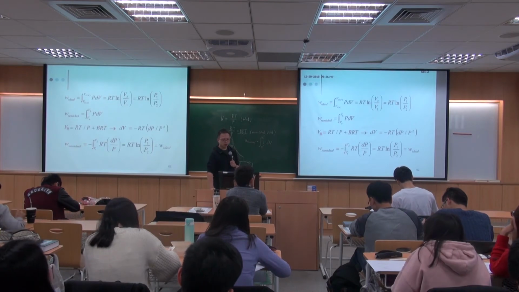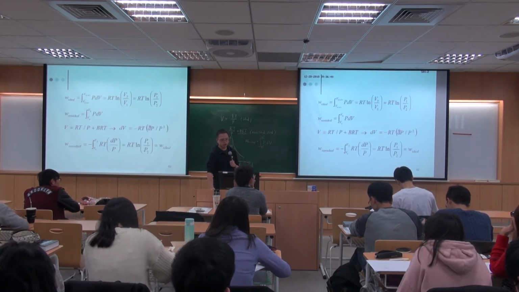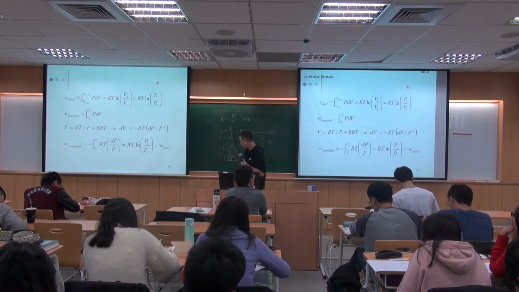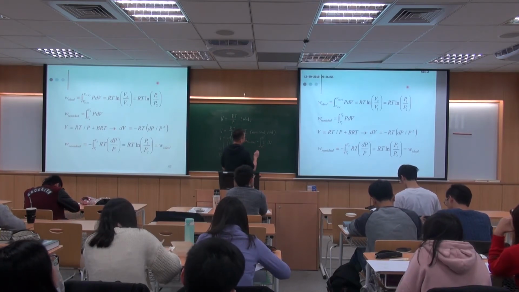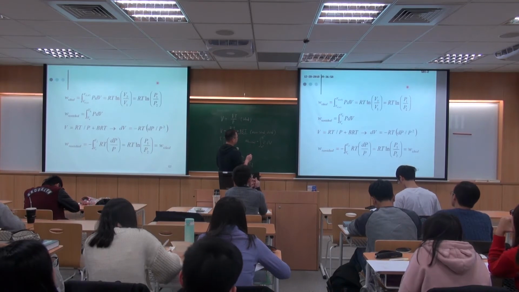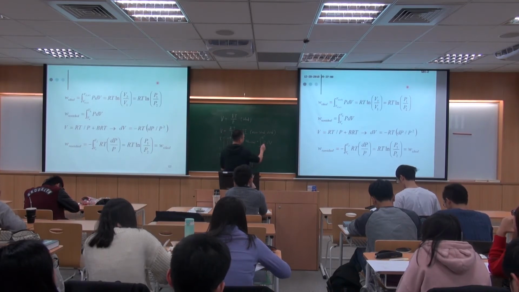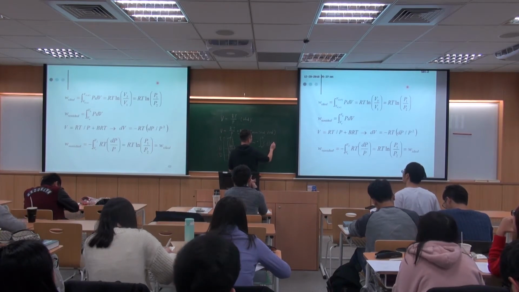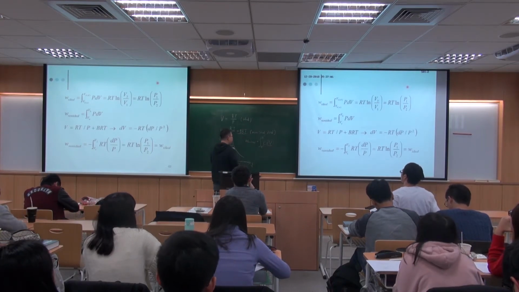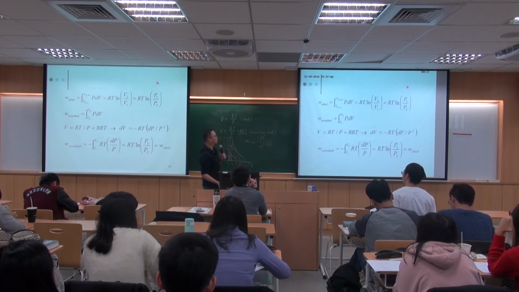It turns out that dV is minus RT dP over P squared. This is a general trick that we'll encounter later, that we want to calculate this, but we don't know how to do this part. So we'll replace dV with dP.